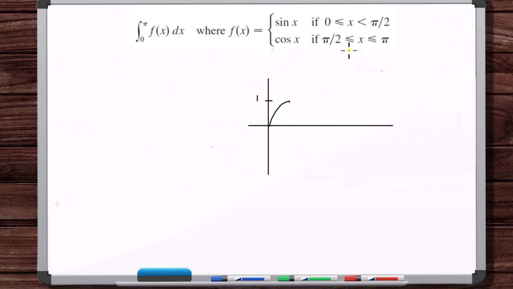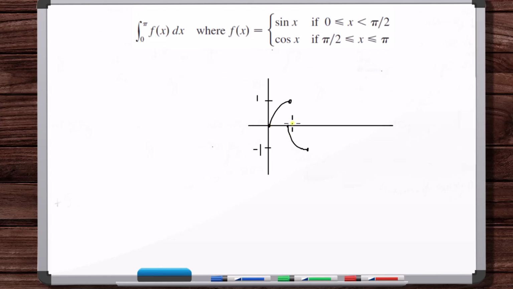And then from pi over 2 to pi, the cosine function does like that, okay? And they're saying that this is defined to equal 0. You don't use sine of x when x is pi over 2, you use this value. So this is an open circle, and these are closed circles.